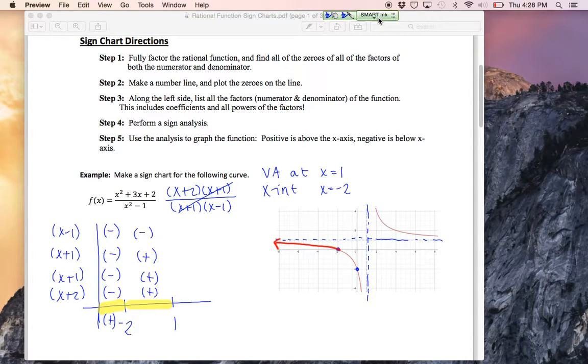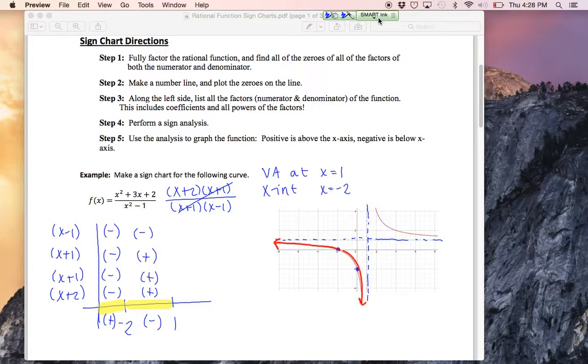So a negative times a positive, which is my numerator, divided by a positive times a positive, well, that's going to give me a negative number. So I know that if I come over to my graph, between -2 and +1, which is this part, my graph is going to be below the x-axis because that ended up giving me negative y values.